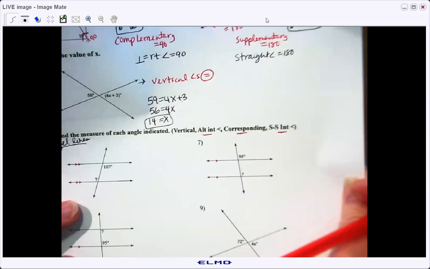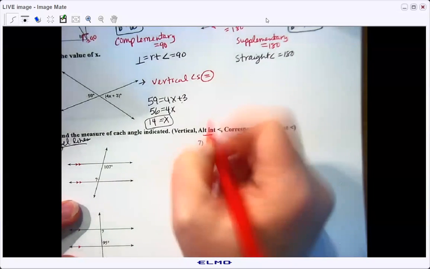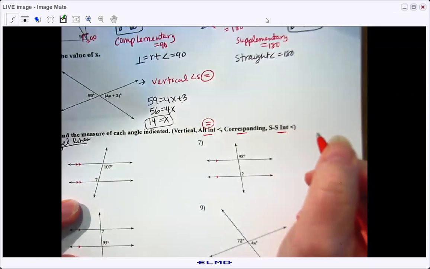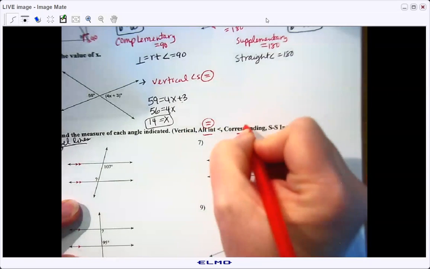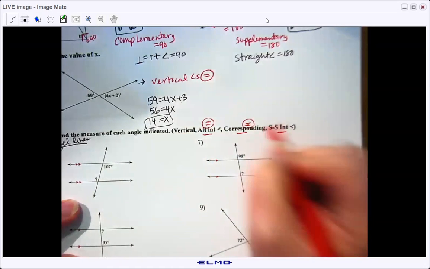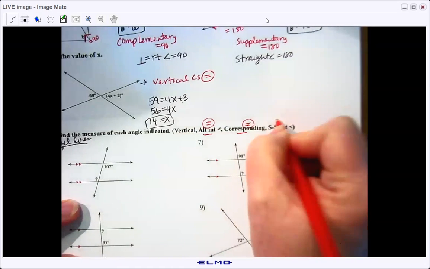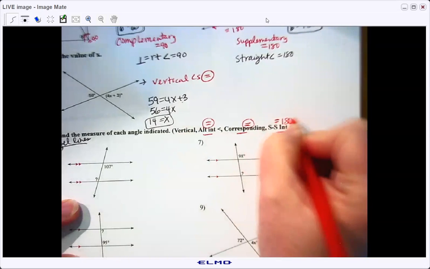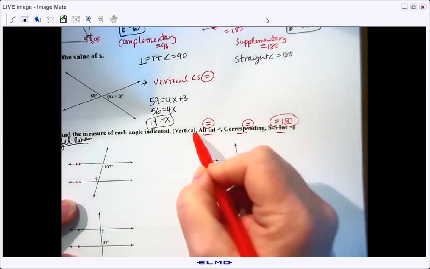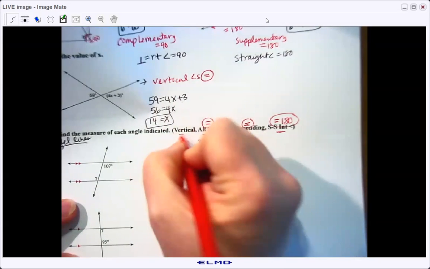If you'll remember, alternate interior angles are always equal. Corresponding angles are always equal. But the same side interior angles equal 180. And of course, vertical doesn't have to be like parallel lines, but those are also equal.